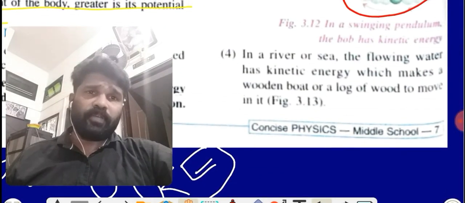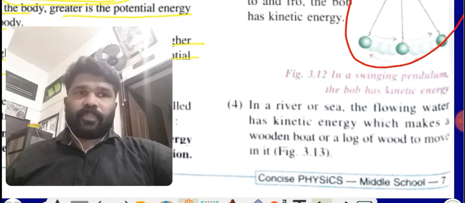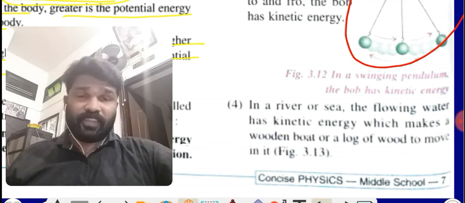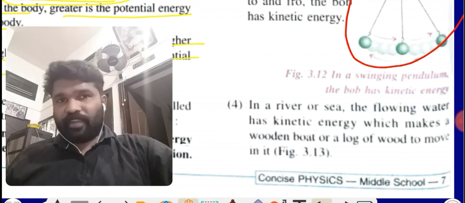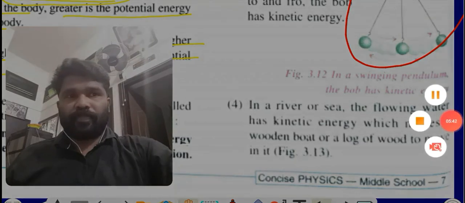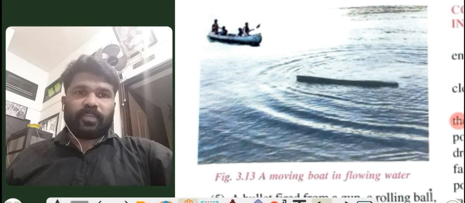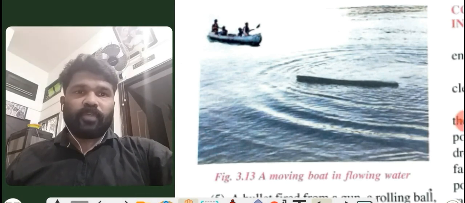Another example: in a river or sea, the flowing water has kinetic energy which makes a wooden boat or a log of wood move in it. In this situation also, which energy does it possess? Kinetic energy. Here in this diagram we can see the movement of the log.